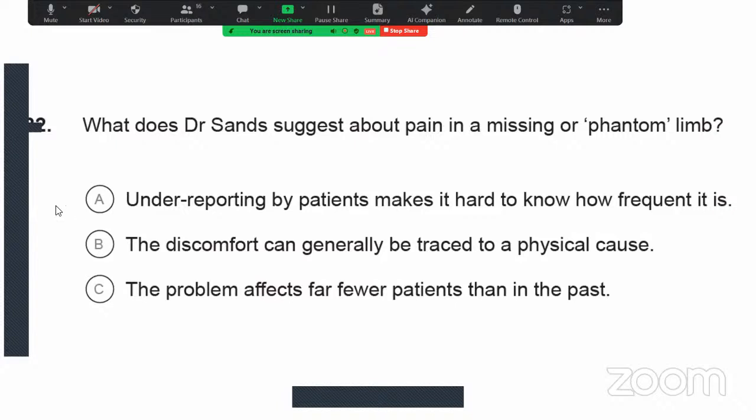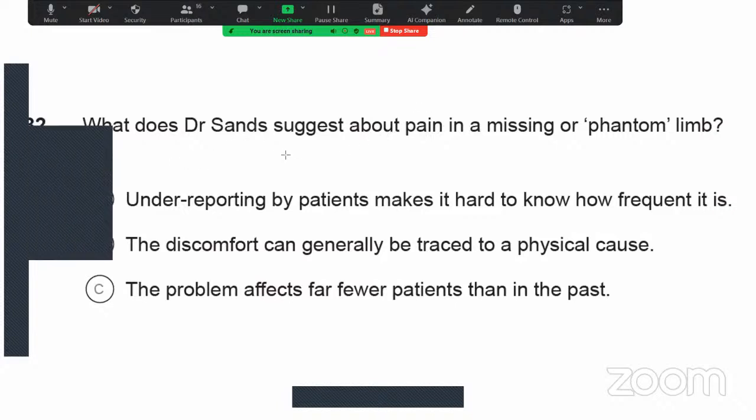This is an in-depth study. What does Dr. Sands suggest about pain in a missing or phantom limb?